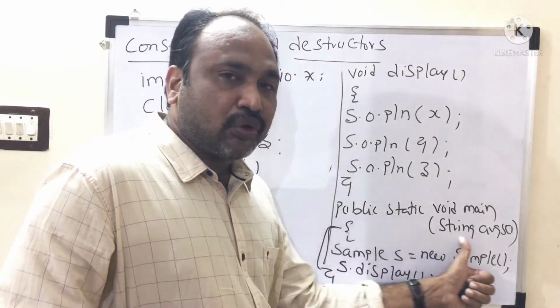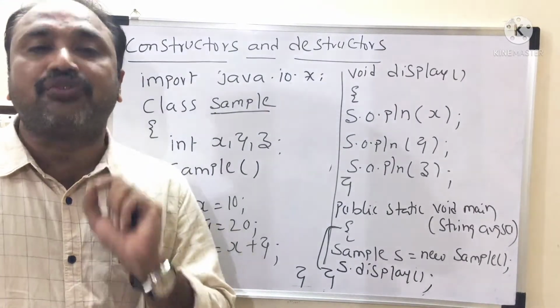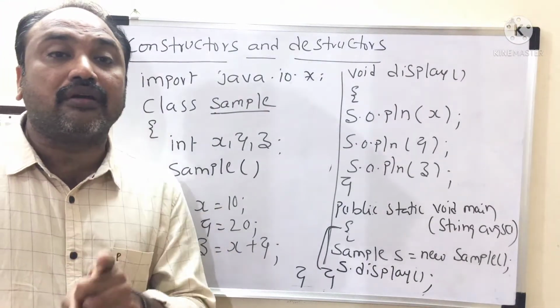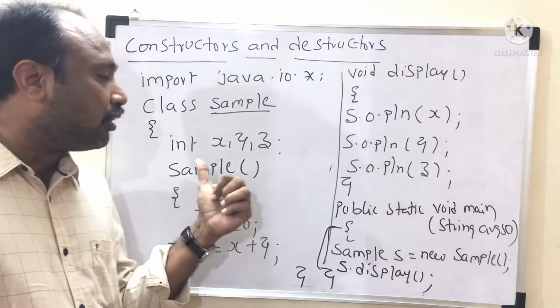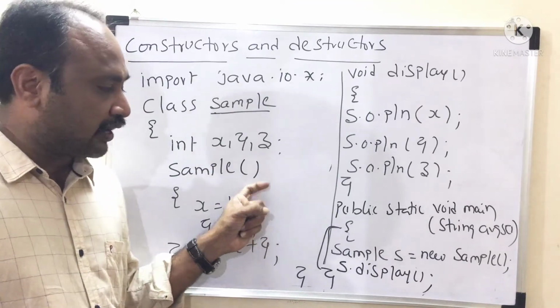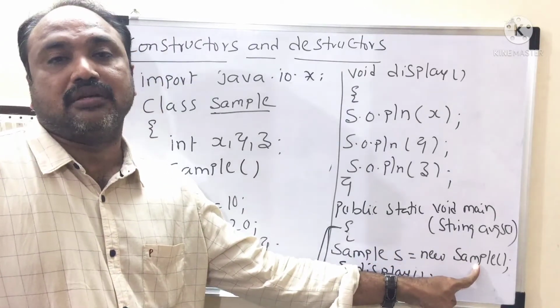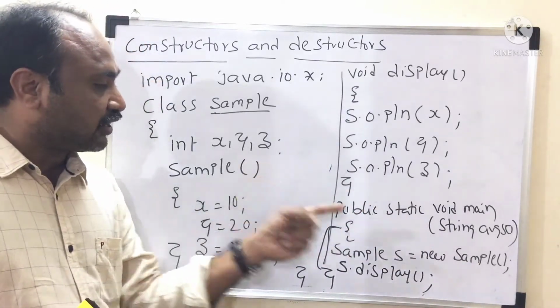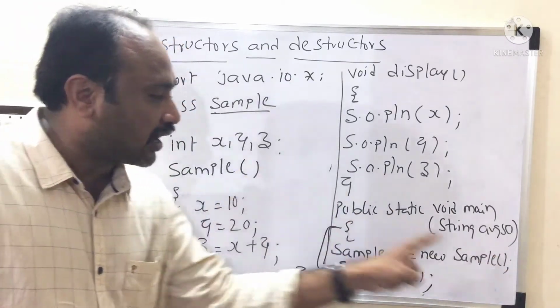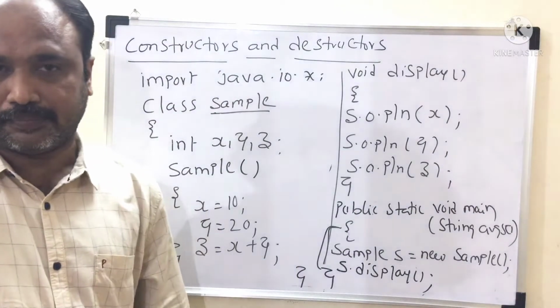Constructors will be executed automatically when we create objects of the class. Please note it. Which constructors? Non-parameterized constructors will be executed automatically when we create an object of the class. If we have a parameterized constructor, we have to pass parameters while creating the object.